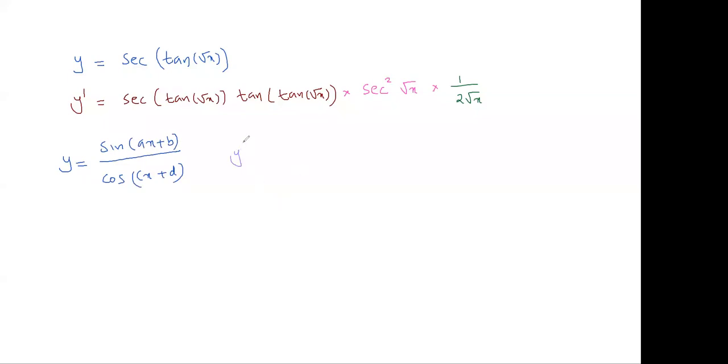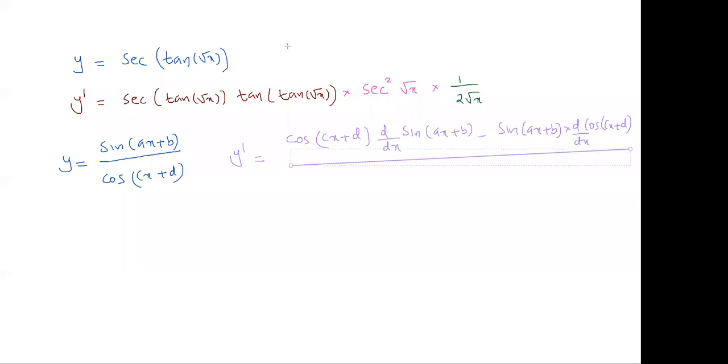Y dash is equal to denominator into, so cos cx plus d into derivative of numerator, derivative of sine ax plus b, minus numerator into sine ax plus b into derivative of denominator, that is cos cx plus d, the whole divided by denominator square, that is cos cx plus d the whole square.